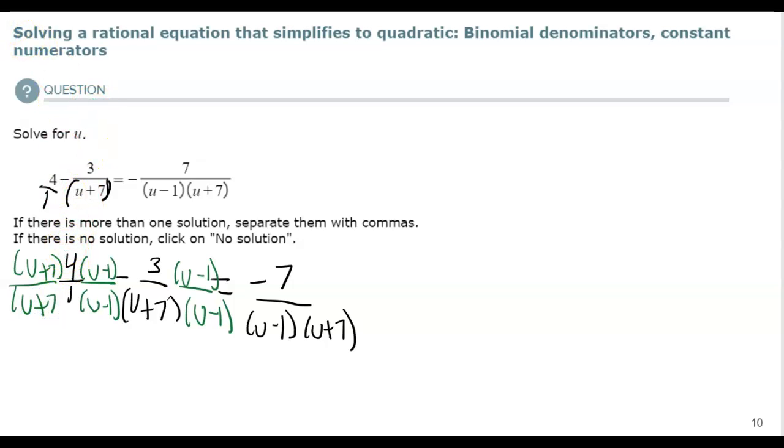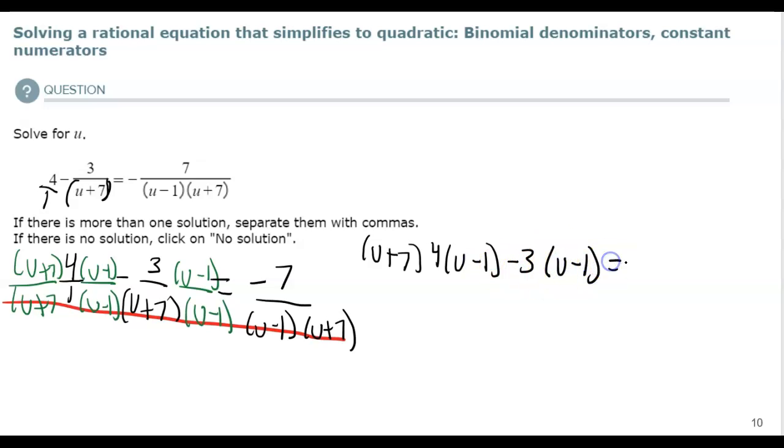That looks messy. We'll clean it up here in a second. Then you can cross out the denominator. So we end up with u plus 7 times 4 times u minus 1 minus 3 times u minus 1 equals negative 7. Now from here, this is just tedious and taking the time to solve it.